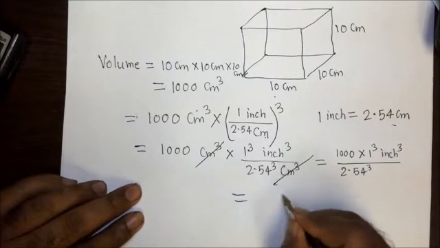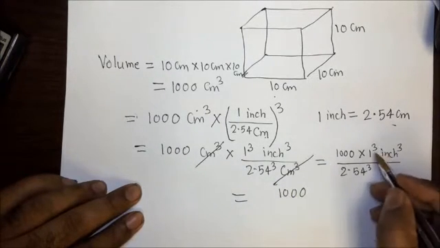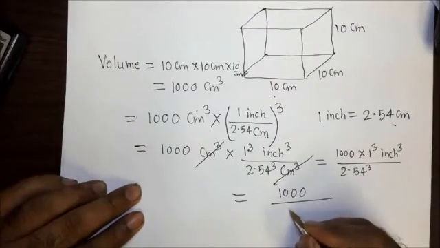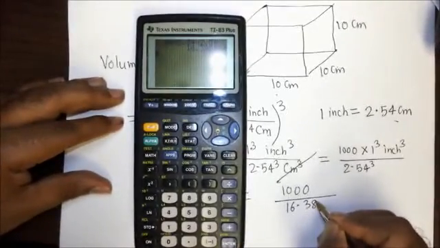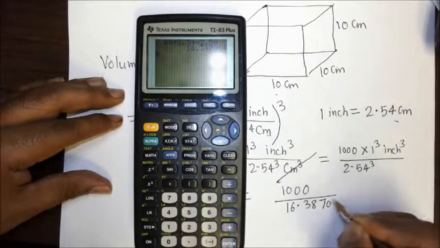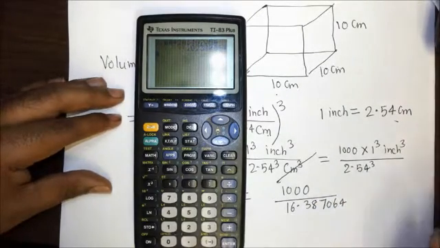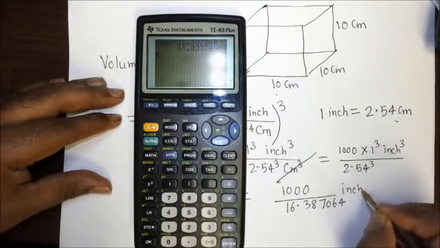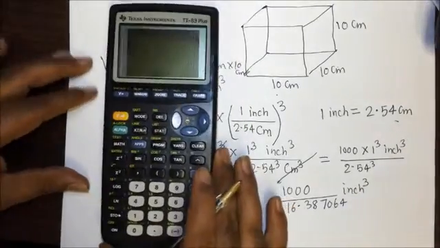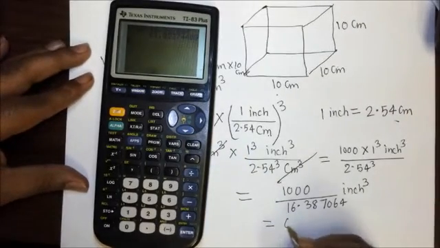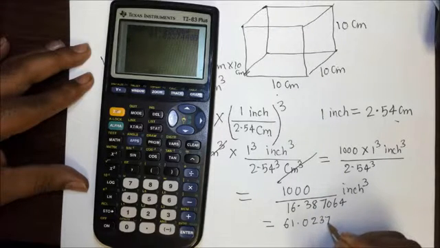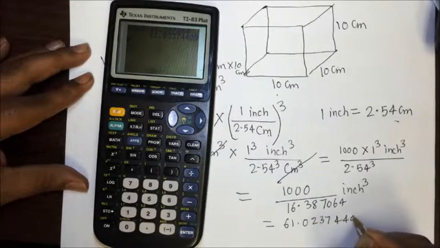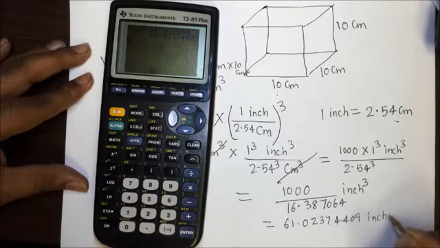This comes 1000, 1 cube is 1, over 2.54 cube, which is 16.387064, and that will give you 61.02374409 inch cube.